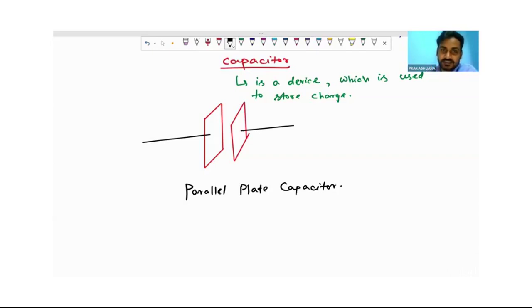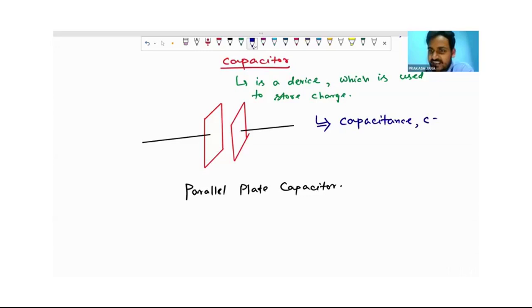Fine. The capacitor is a device, and one more term is there, that is capacitance. Capacitance is the ability to store charge.